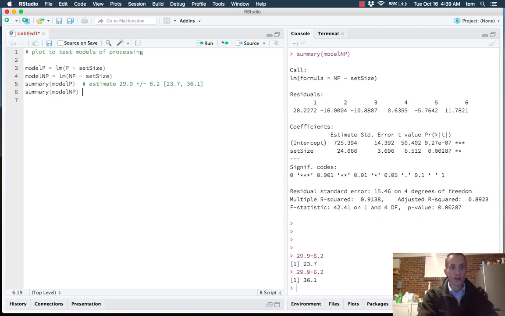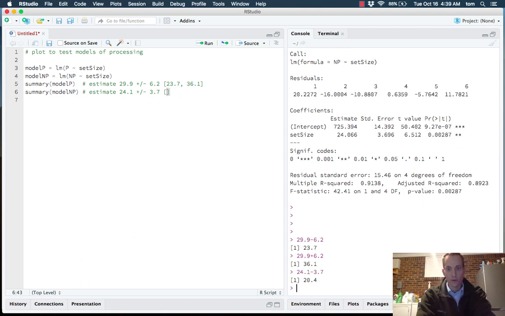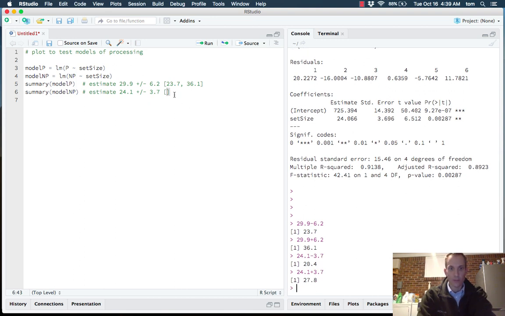Now the question is, what is our confidence interval on the NP? Well, for NP, the set size slope estimate was 24.1 plus or minus 3.7, and so that gives us a confidence interval of, let's go back to our R console, 24.1 minus 3.7, which is about 20.4, to 24.1 plus 3.7, which is about 27.8. 20.4 up to 27.8.